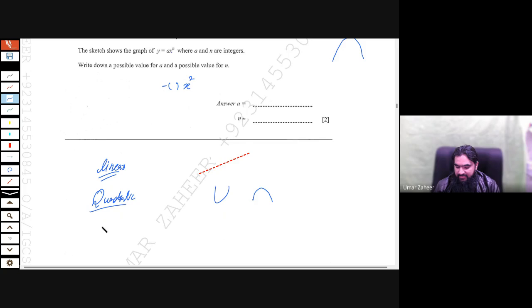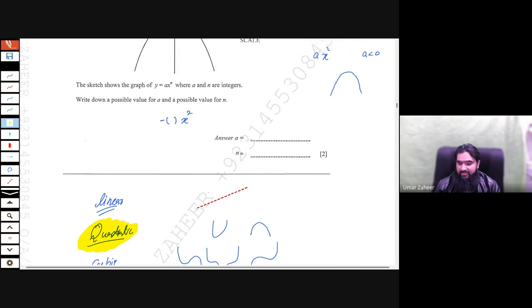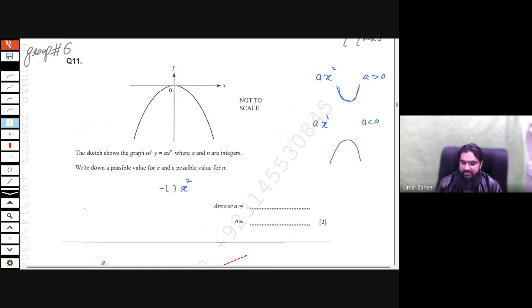If it is a cubic, the graph shape is going to look like this. It can be like this, it can be like this, or it can be like this. So there are different situations, but here we are just going to be talking about quadratics because we have done it when we were doing the quadratic equations, solving by the completing the square method and the quadratic formula, where we have discussed it.